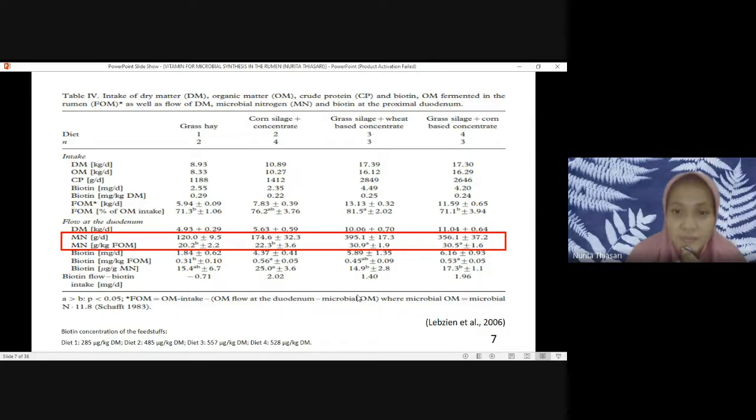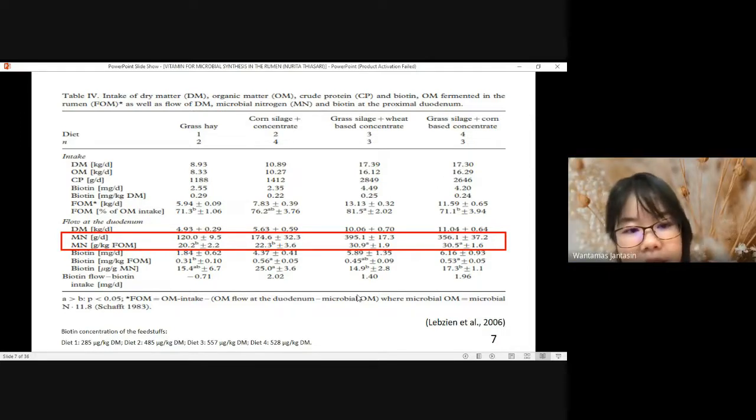I am just curious about the MN here. Even we can see very clearly they have a high CP level in diet 3 and 4.